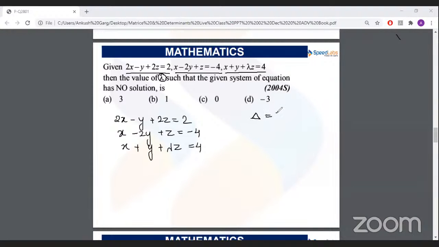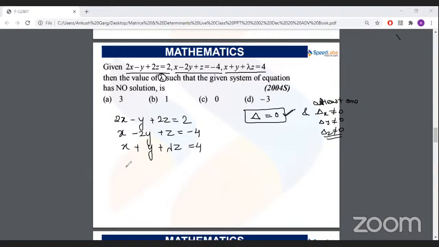Delta should be equal to 0, and at least one of delta x, delta y, and delta z should not be equal to 0. At least one of these should not be equal to 0.